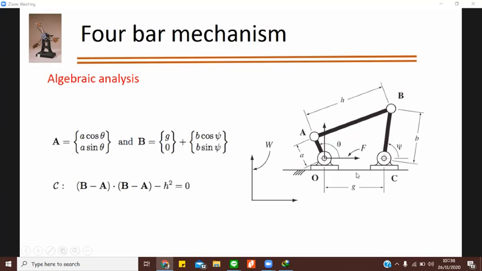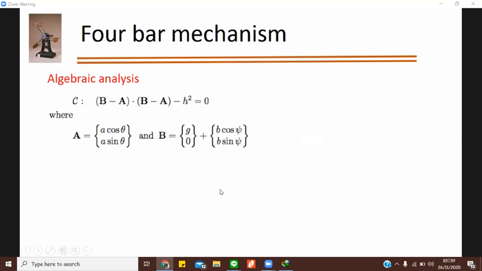This is how we are defining your A and B, with respect to this frame F. So with respect to frame F, we are defining A and B in terms of vectors. Now your constraint equation will form through (B minus A) dot (B minus A) minus H square, that will be equal to 0.